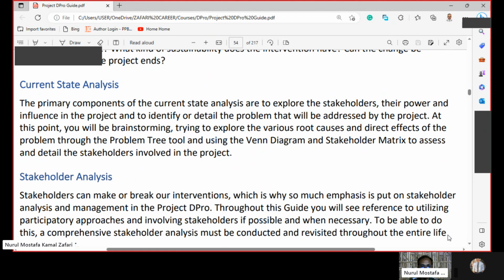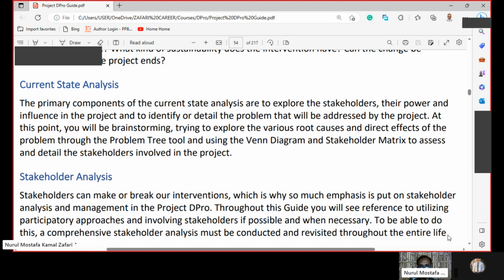At this point, you will be brainstorming, trying to explore the various root causes and direct effects of the problem through the problem tree tool and using the Venn diagram and stakeholder matrix to assess and detail the stakeholders involved in the project. So in current state analysis, let us take note, we need to use 3 tools: problem tree tool, Venn diagram, and stakeholder matrix.